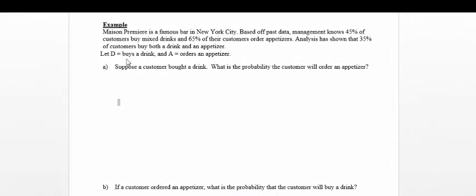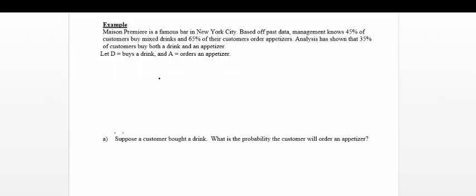Before we begin even jumping into A, let's just organize the information that we're given in the problem. 45% of customers buy mixed drinks. D is the event that a customer buys drinks, so the probability of D equals 45%. 65% of their customers order appetizers.